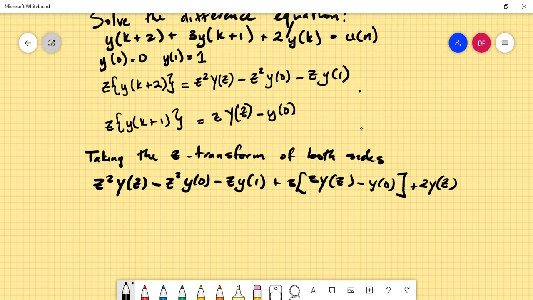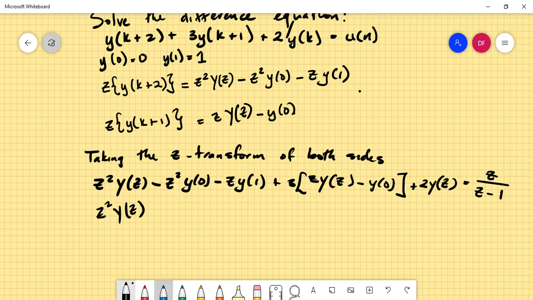So we will take the z transform of y(k), we get Y(z). 3 times y(k+1), so we're going to replace it by what its z transform is. And the z transform of u(n) is z over z minus 1. So we're filling all of the things in now. So this is z squared Y(z).